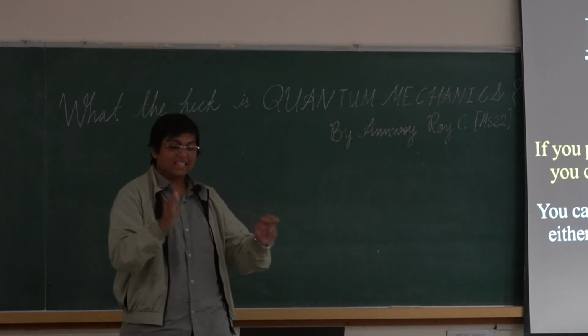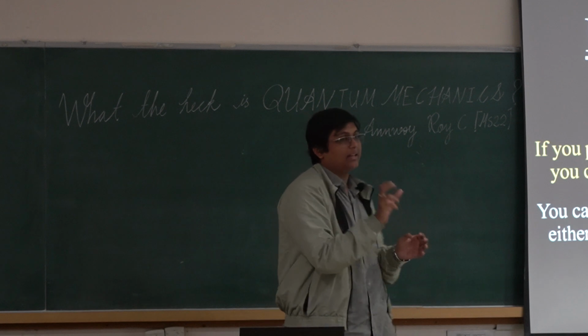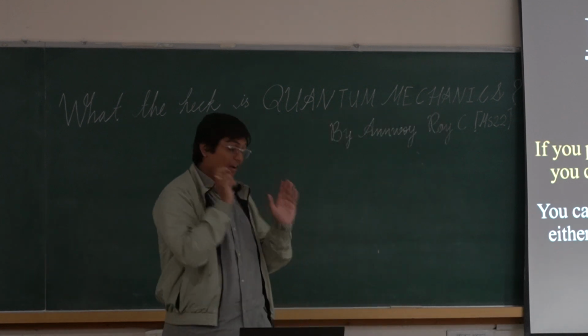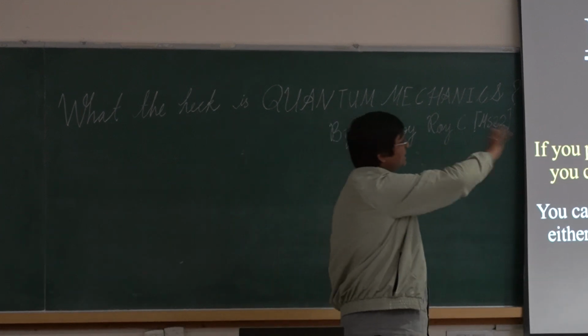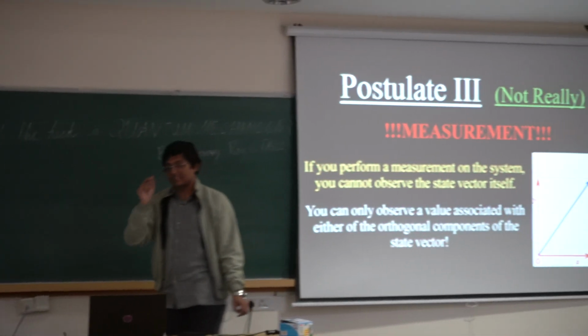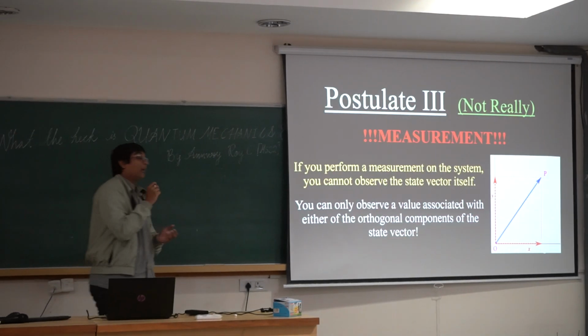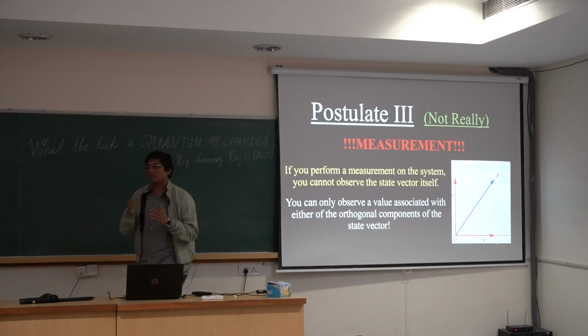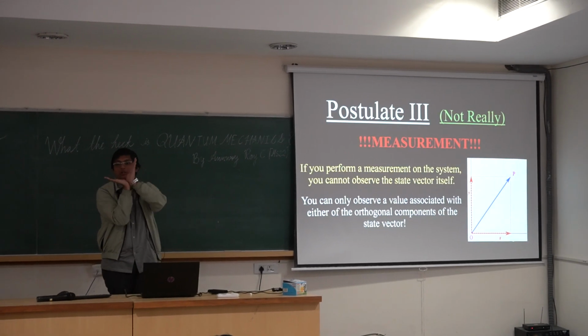So that is the problem of measurement in the quantum world. You cannot ever observe the state vector or the state of a particle itself. You will observe any one of the orthogonal components. What's orthogonal? Two components at 90 degrees, that's called orthogonal components.